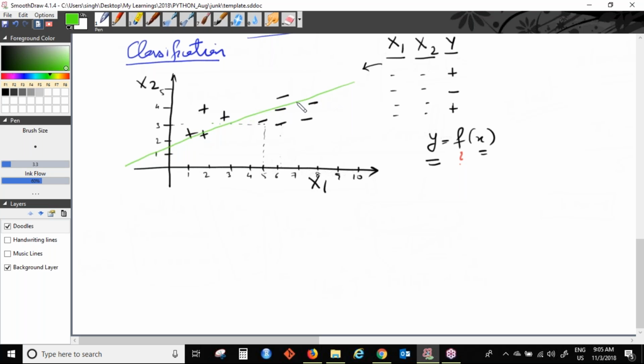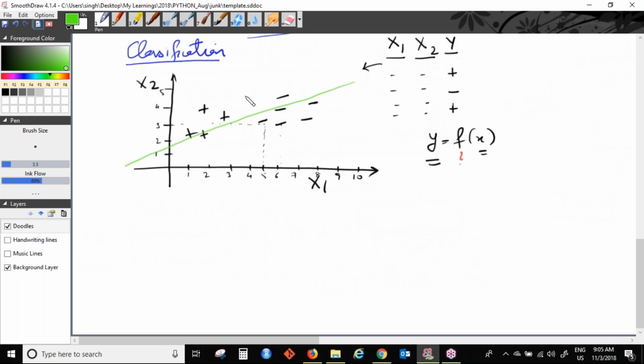Do you think this line will help you predict plus and minus? Remember, this is not a regression problem. How will you use this line to predict your plus and minus using x1 and x2? Do you think it is possible?